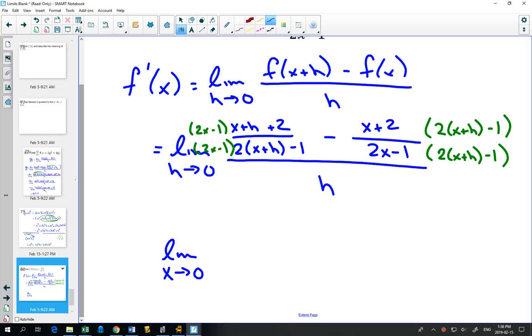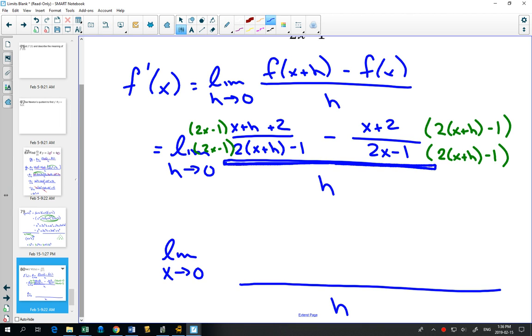What does that do? See how this is my main dividing line? I like to make my main dividing line either longer or thicker so I remember that that was my main dividing line. And up here, that one's a little bit shorter to show that I've got 2x minus 1 multiplied by, I'm just going to distribute that, 2x plus 2h minus 1.